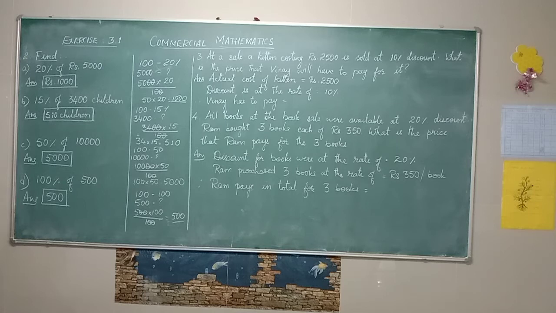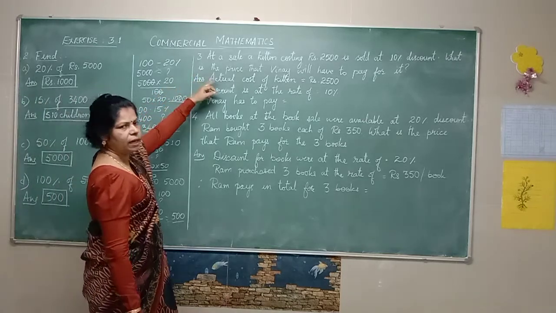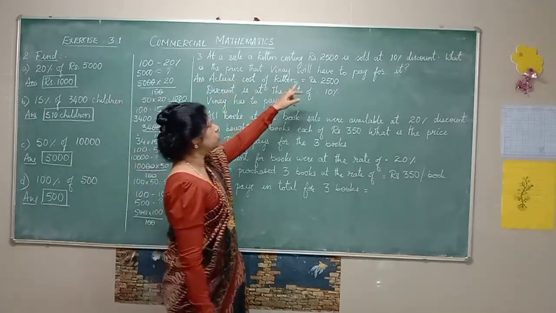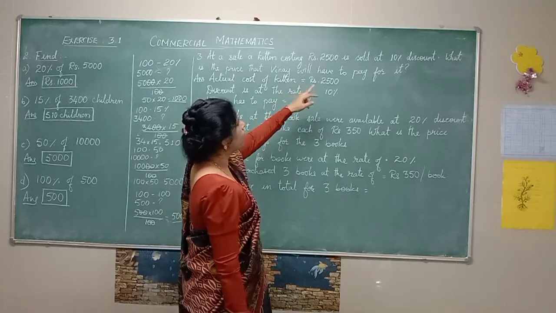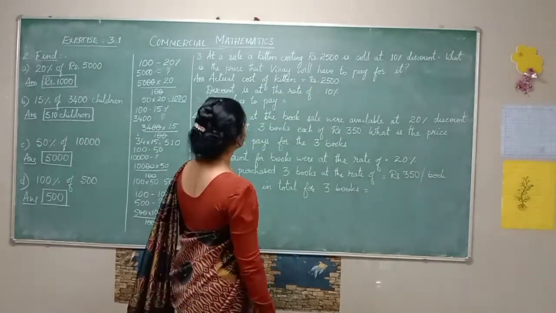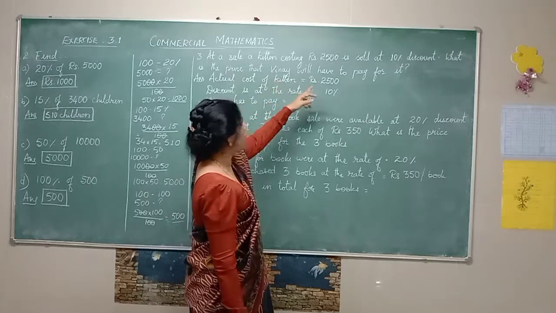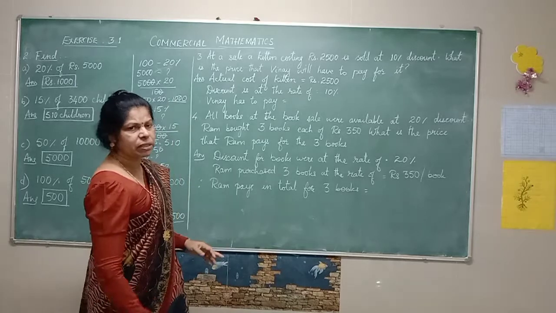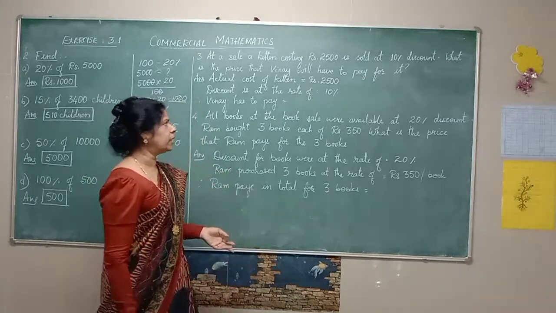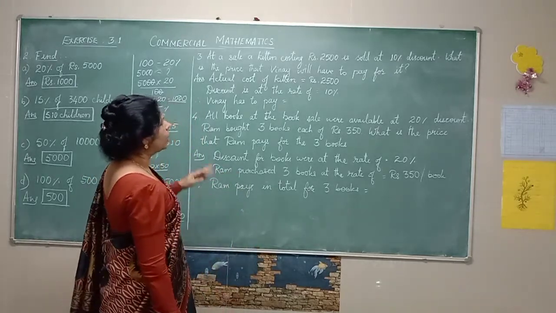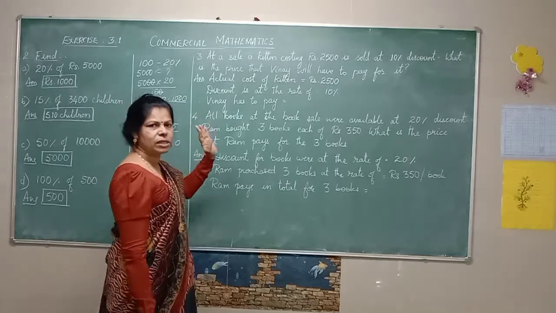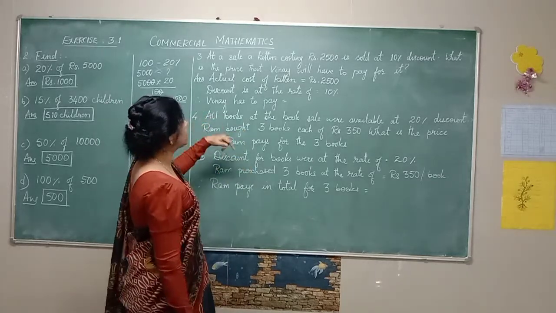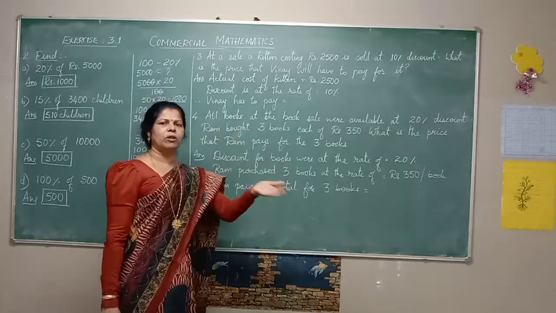Okay, now let us see the next sum. It says a kitten costing rupees 2,500 is sold at a 10% discount. What is the price that Vinay will have to pay for it? There is a boy called Vinay. He wants to buy a kitten. Kitten means the young one of a cat. He went to a sale of kittens and asked what the amount was.